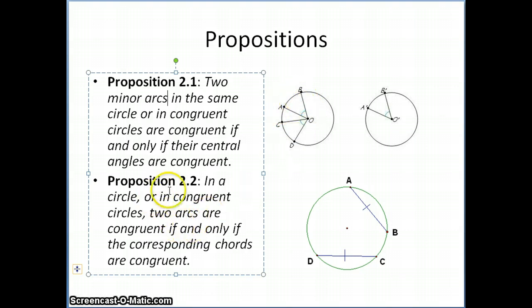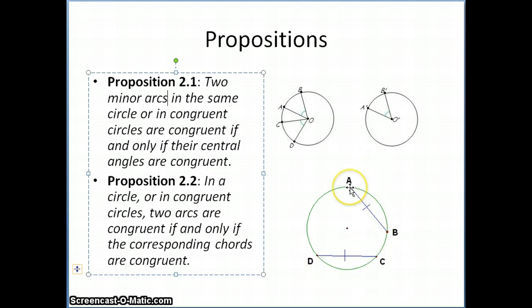The second one, proposition 2.2. In a circle or in congruent circles, two arcs are congruent if and only if the corresponding chords are congruent. If we look at this picture here, we have two chords and they're both in the same circle. And the corresponding, we have two arcs, arc AB and arc CD.